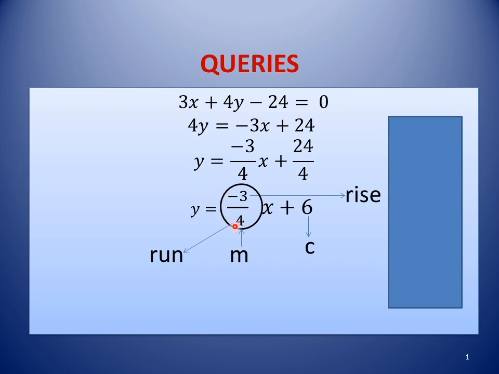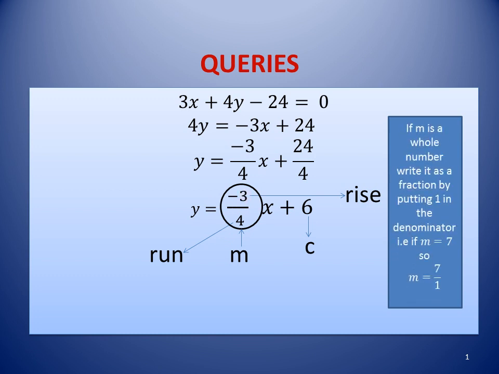But if the gradient is a whole number, then how will we take rise and run? If your gradient is a whole number, then write 1 in the denominator. Its numerator is your rise and denominator 1 is your run.